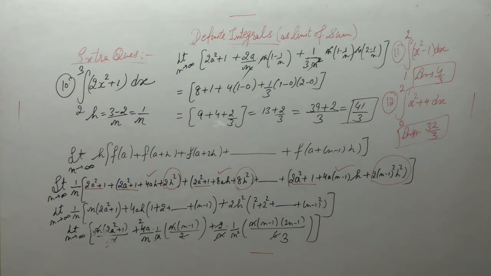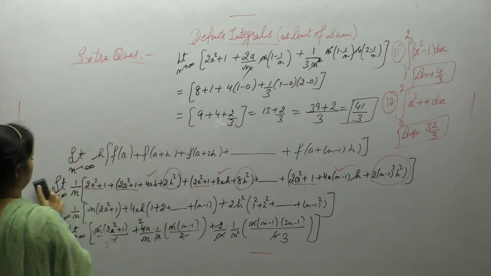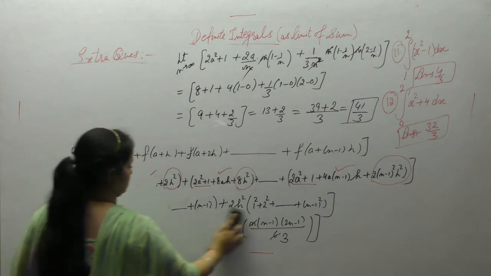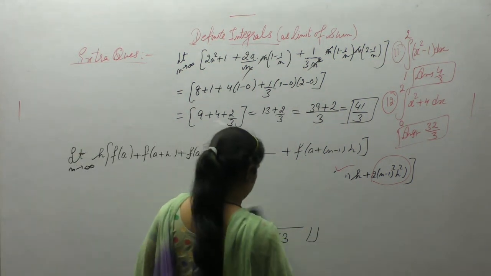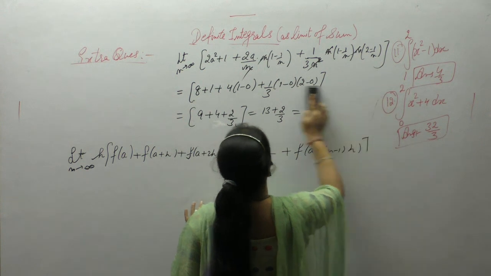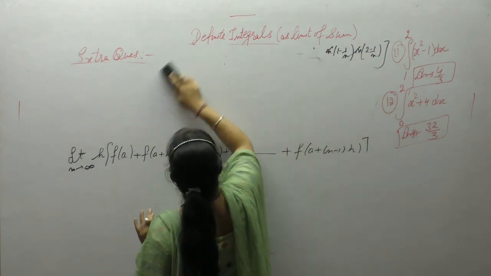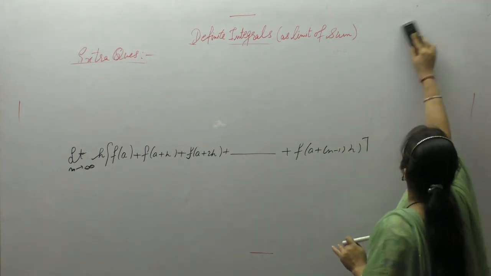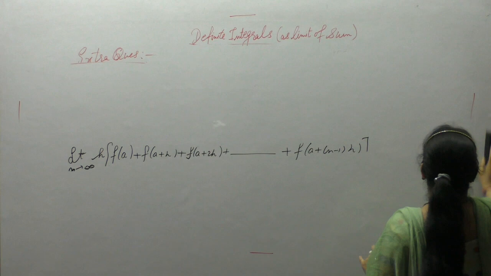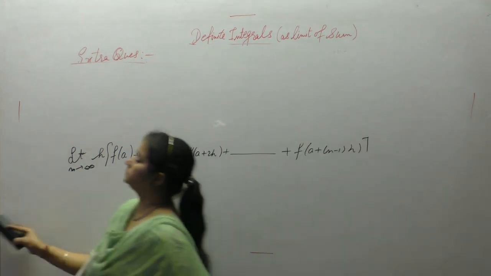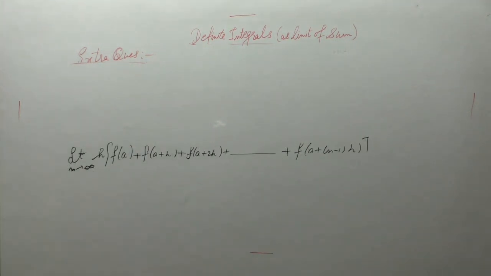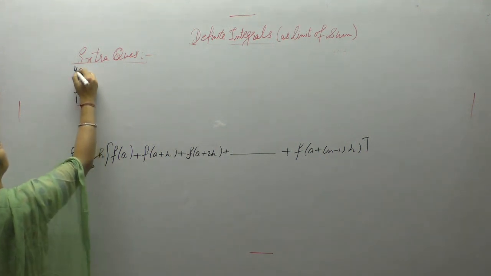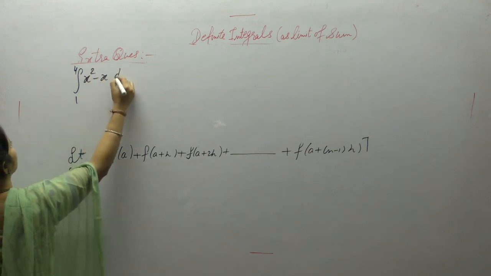Now the next one is integral 1 to 4 of x square minus x dx.